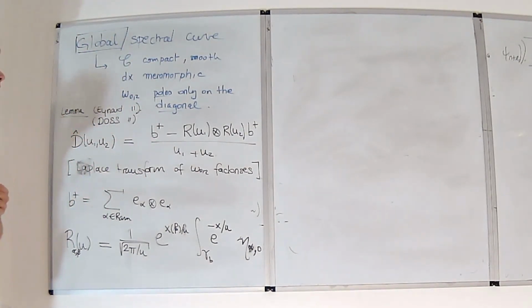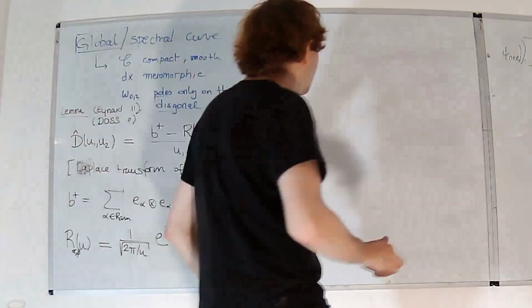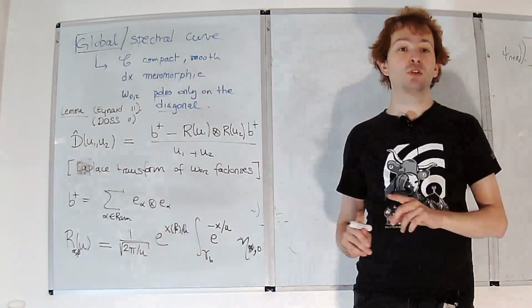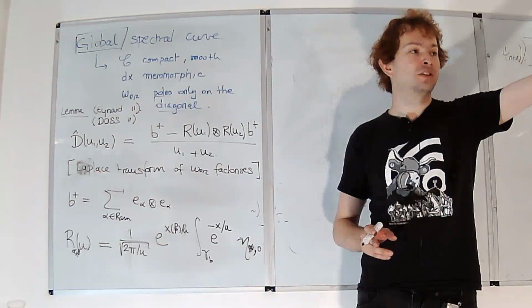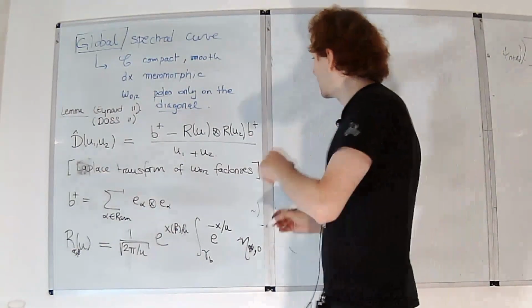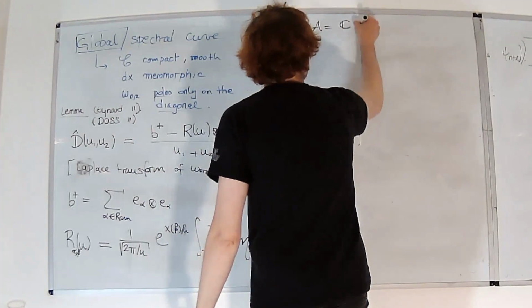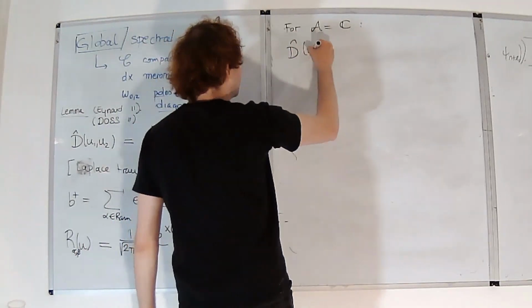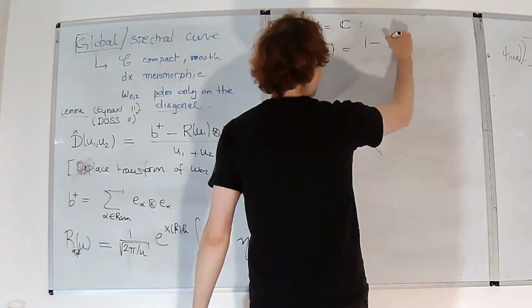I'm not sure this is equivalent to the globality, but imagine you have such a factorization. I'm going to explain just for rank 1, so one ramification point, that this simplifies also quite a lot these formulas over there. So for A equals C, in that case we don't really have to, this B is just, we can just say it's 1.